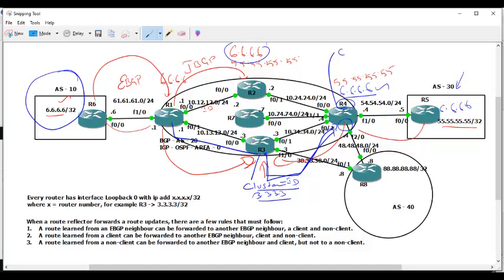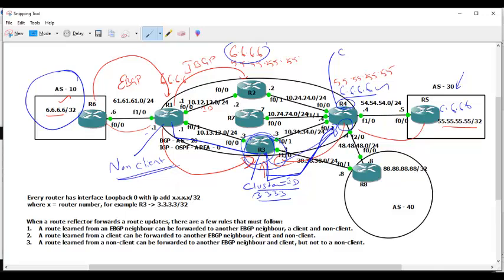No. R1 is called a non-client. So you need to understand this very well. Before we configured the route reflector, there was no concept of non-client. But after you configure route reflector on R3, telling R4 as a client, R1 has become a non-client.